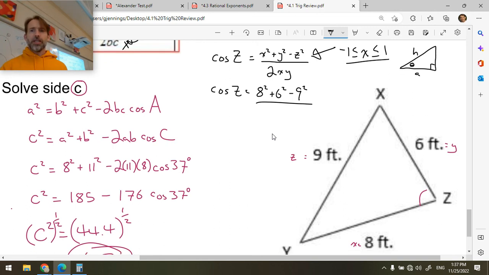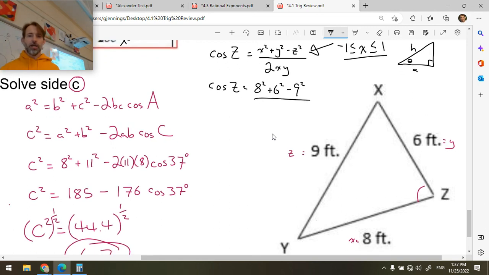So because this is a good triangle and we have values that work, we're going to have 2 multiplied by 8 multiplied by 6 down there. All right. And so now let's work that out. 8 squared plus 6 squared happens to be 100. And 100 minus 9 squared is 100 minus 81.